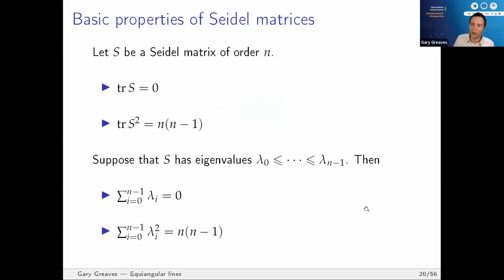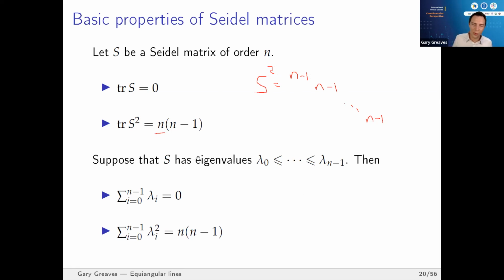So my diagonal entry of S squared will be n minus 1. If we look at S squared, it will look like this, with n minus 1 on the diagonal. Now when I take the trace, I'm just summing up a bunch of n minus 1s, n times. So I know the trace of S squared will be n times n minus 1.